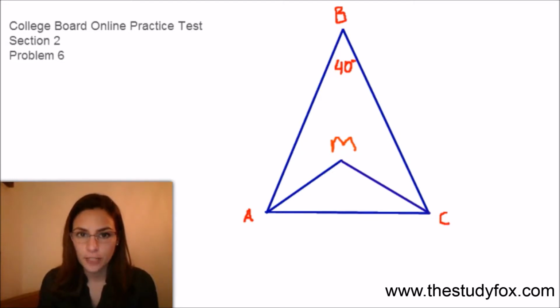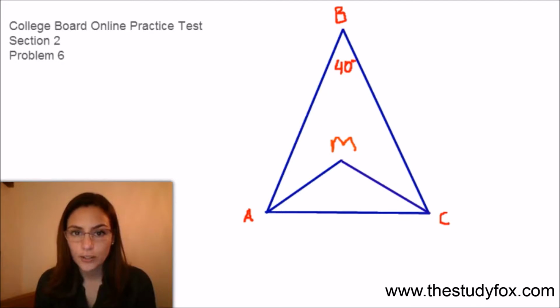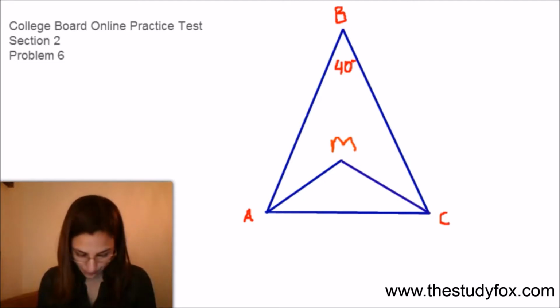An isosceles triangle has two equal sides and two equal angles, so two of the angles in this triangle are going to be the same.